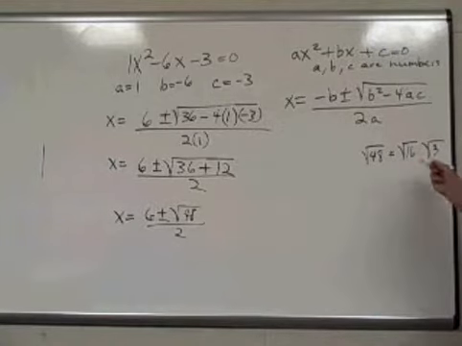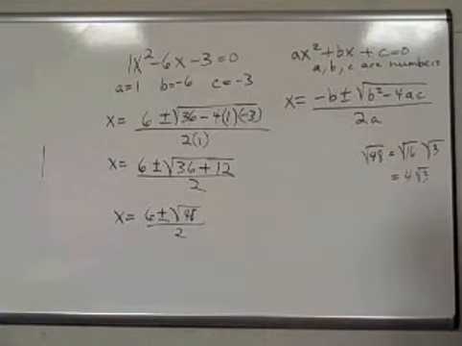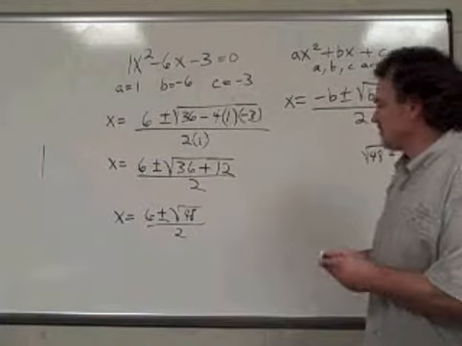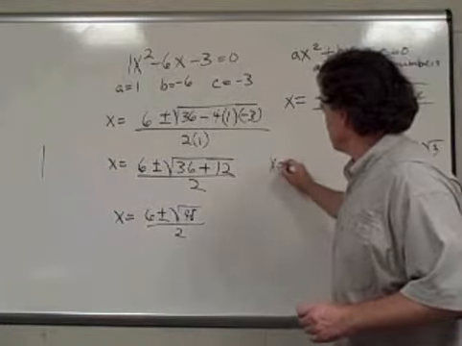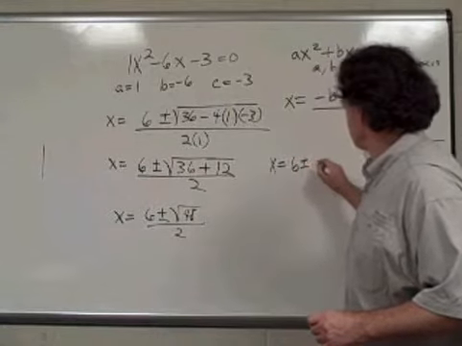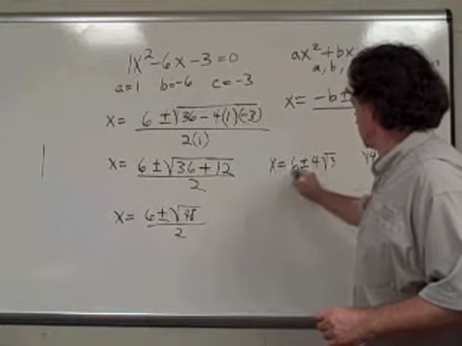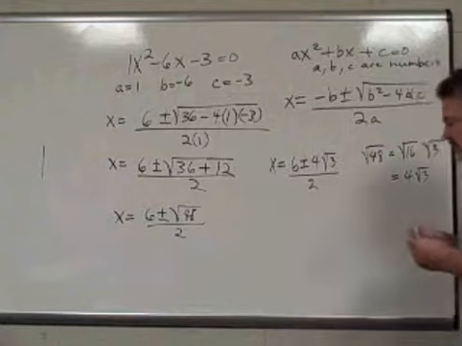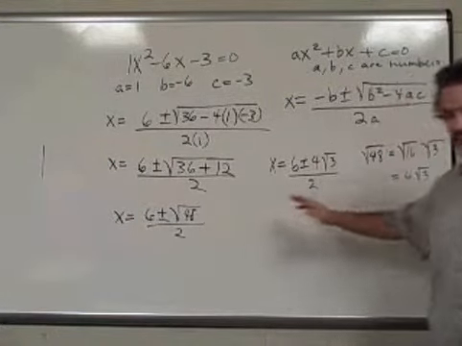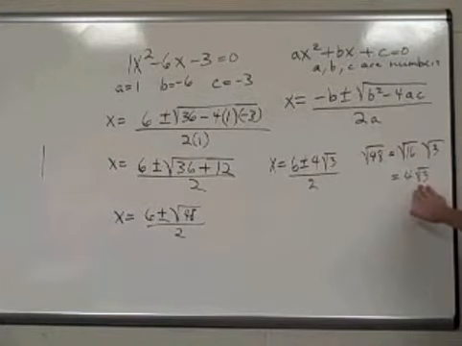And then I can take the square root of 16. That's equal to 4. So the square root of 48 can be simplified to 4 times the square root of 3. So now my expression becomes this. X equals 6 plus or minus 4 times the square root of 3 over 2. See, I replaced the square root of 48 with its simplified form, 4 times the square root of 3.